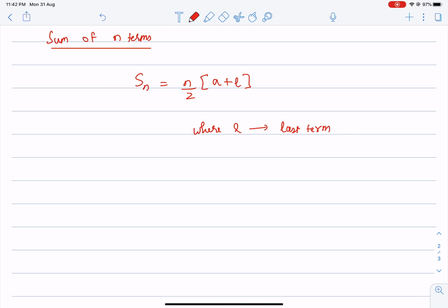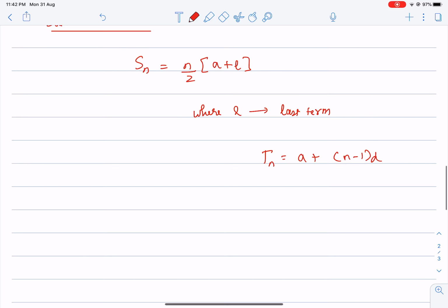Basically, we know one small formula: Tn is equal to a plus n minus 1 into d, where n is the number of terms. Thus, you can find the last term and substitute it in place of l. That's it.